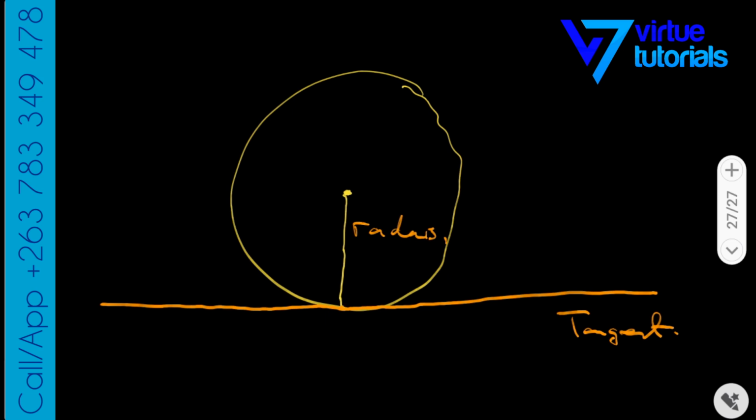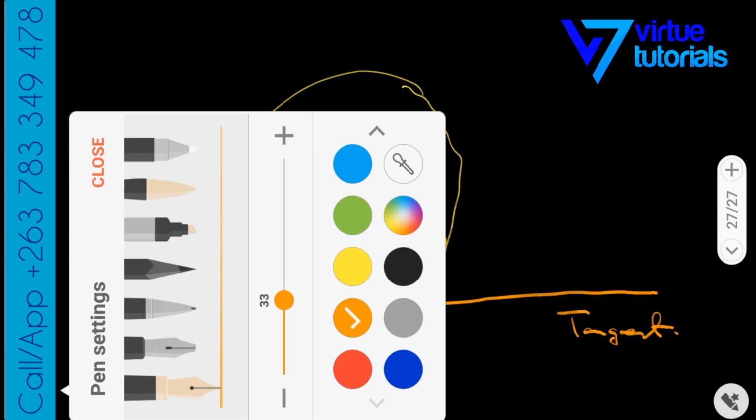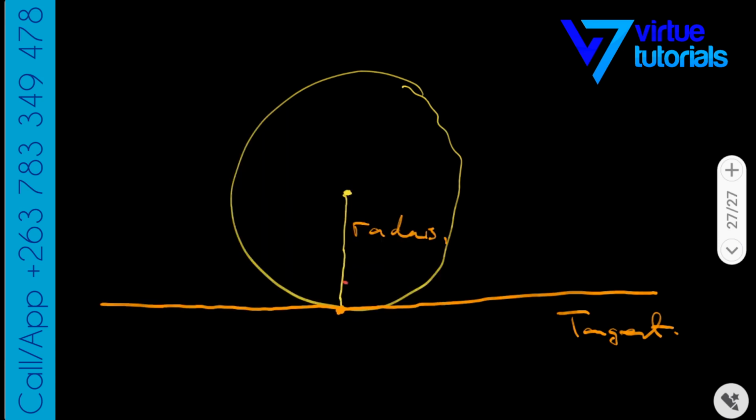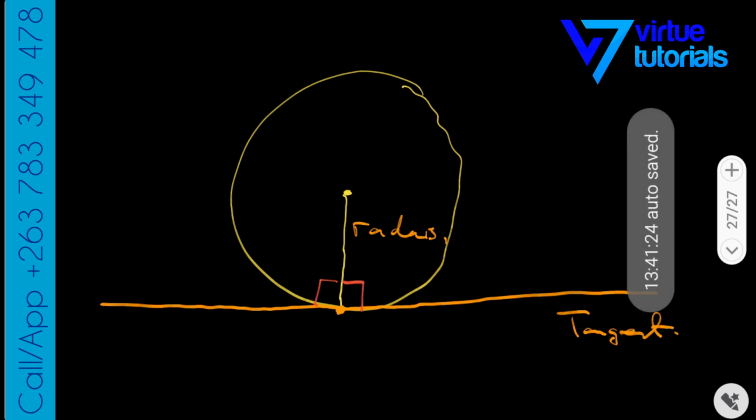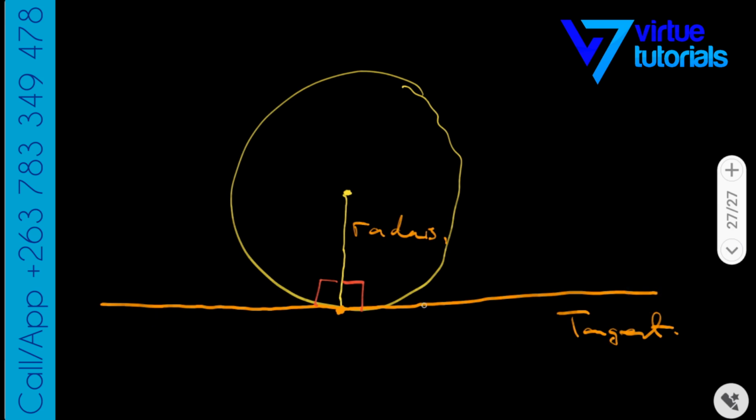These two are meeting here, right? Where they meet, they form an angle of 90 degrees on this side and also on the other side. So if a radius and a tangent meet, they form an angle of 90 degrees.